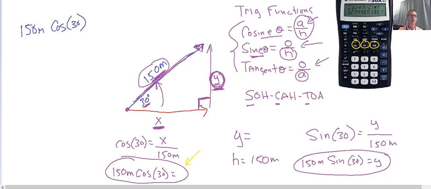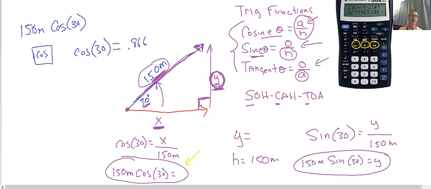First thing I'm going to do is hit the cosine button on my calculator, and what you're going to get is something like cosine with an open paren. Then I'm going to type in the 30 and then the closed paren, and it's going to give me a value, and I believe that value is going to be 0.866.